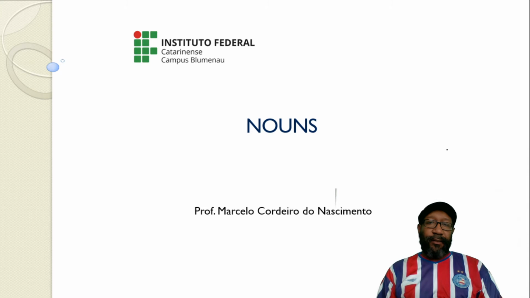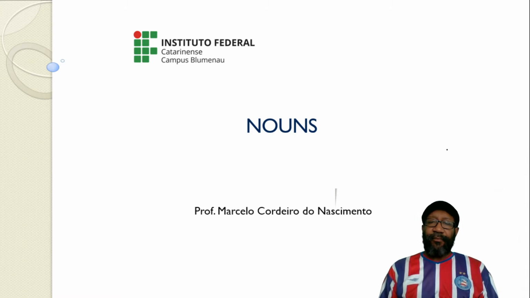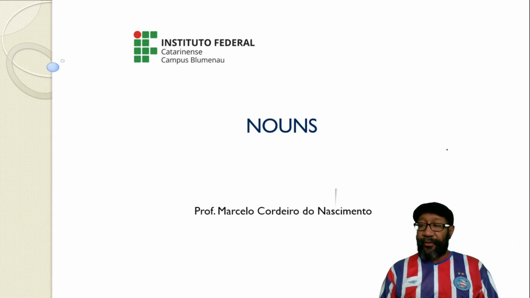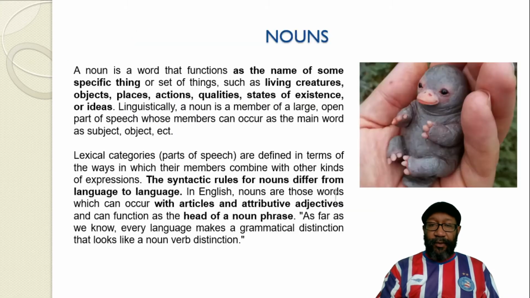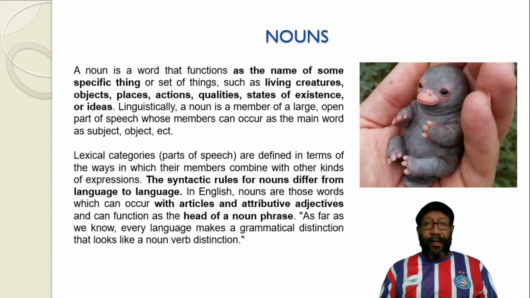Today, in our class, we will talk about nouns. I'll give some examples, some rules, how to use it, how it differs from Brazilian Portuguese, and all of that. So, let's get it. First, let's get the concept of a noun.